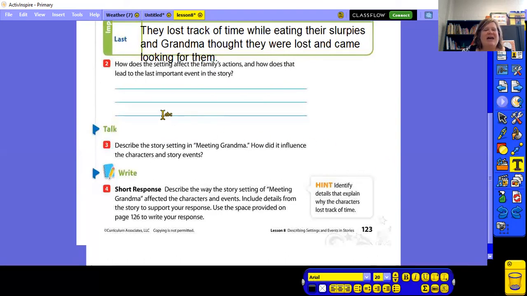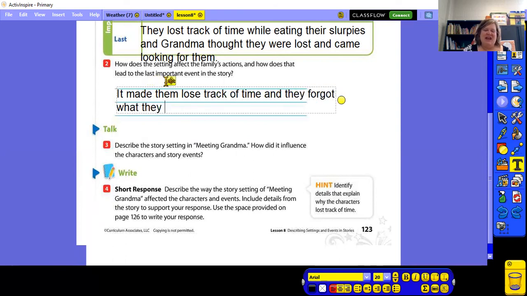All right, so how do we think it affected them? Well, I'm going to say it made them lose track of time and they forgot what they were there for, which was to pick up Grandma. Poor Grandma.